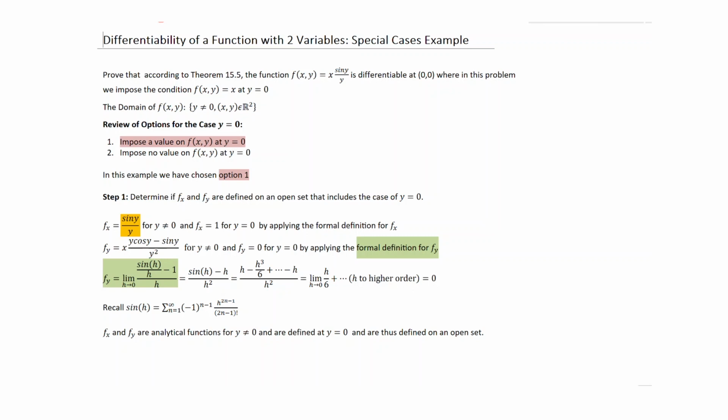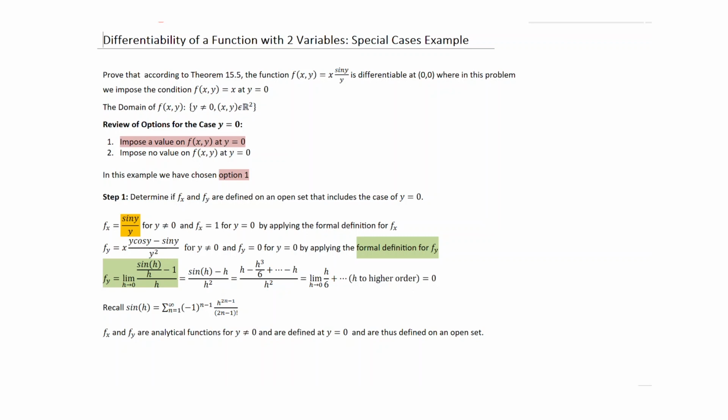All right, so let's review the options for the case where y equals 0. In this example, we have imposed the condition and made it clear that a value exists at y = 0. But you can have a function where, at a boundary point, you don't impose the condition, in which case you leave it open. In this case, a condition is imposed, which means we've chosen option 1.